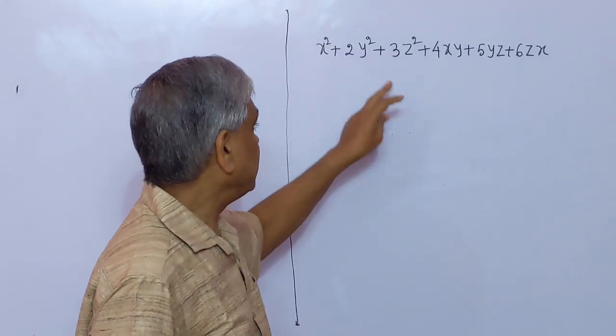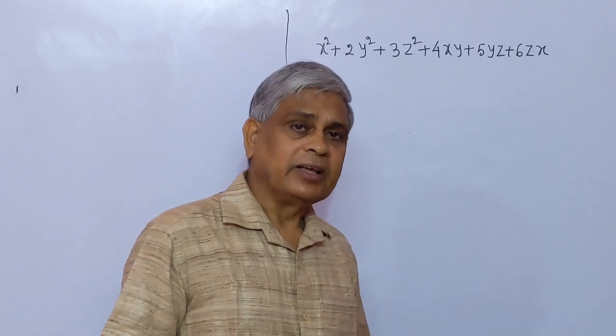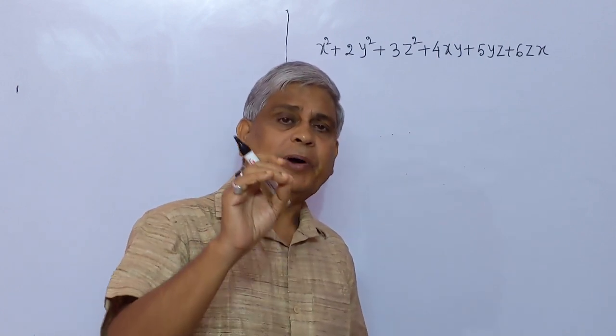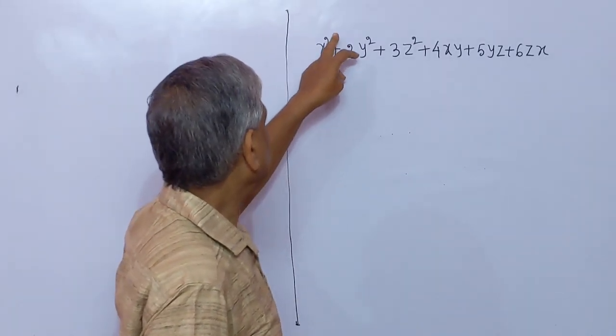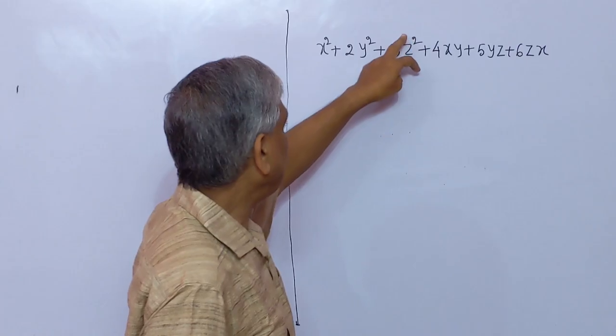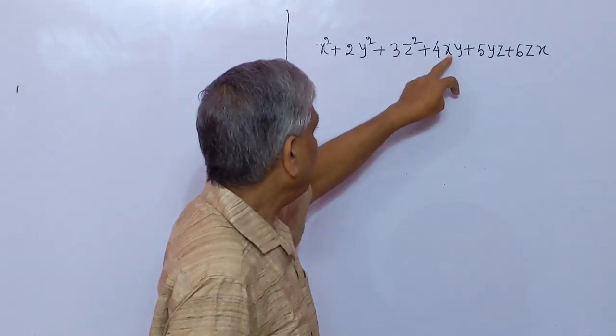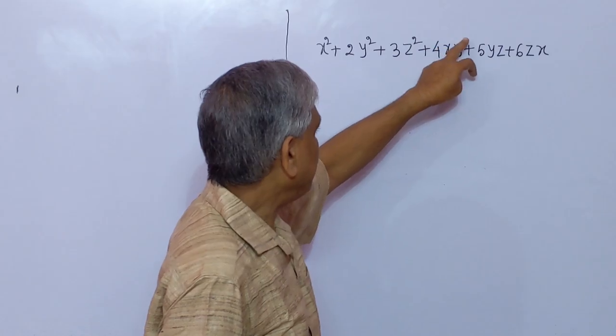In this expression, we see that in each term, the sum of the powers of the variables is 2. Here x to the power 2, here y to the power 2, here z to the power 2, here x to the power 1, y to the power 1, sum of the powers is 2.